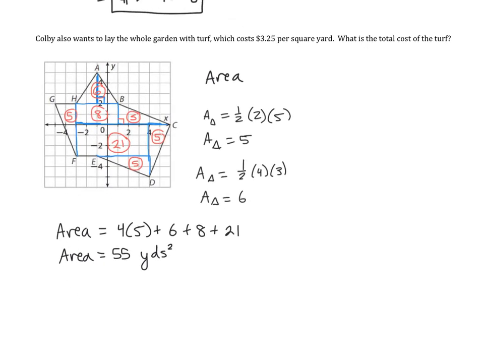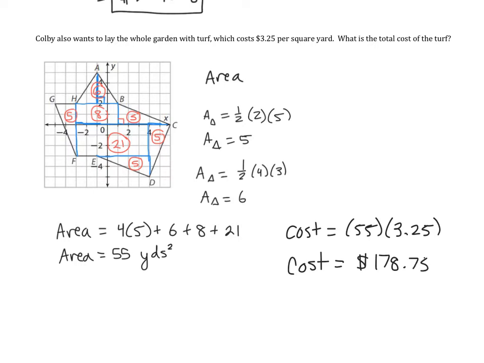And that means to find the total cost, we can do our total area times the cost per square yard. Make sure we have a dollar sign because it is in dollars. And if you multiply those together, you get $178.75. So that's our total cost.